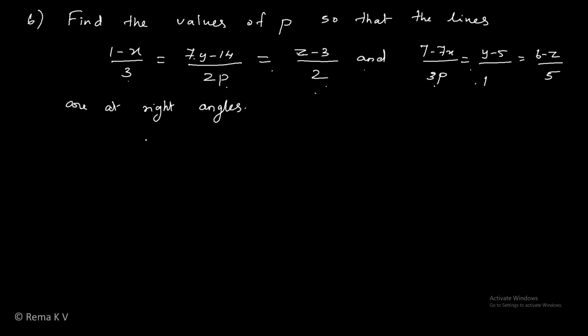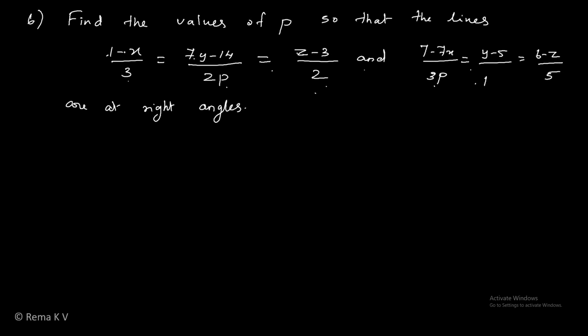So always remember the standard form, and you have to write it in that form itself: (x minus x1)/a equals (y minus y1)/b equals (z minus z1)/c. See, the coefficients of x, y and z are equal to 1, so in that way you have to arrange these terms.